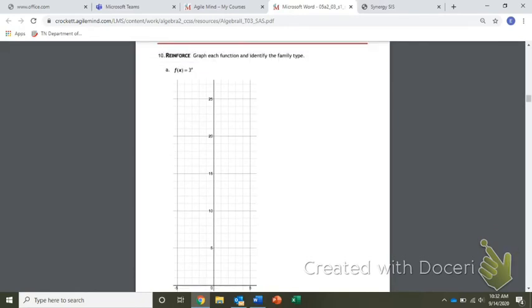Okay. On A, graph each function and identify the family type. This is what type of function? Exponential. Okay.